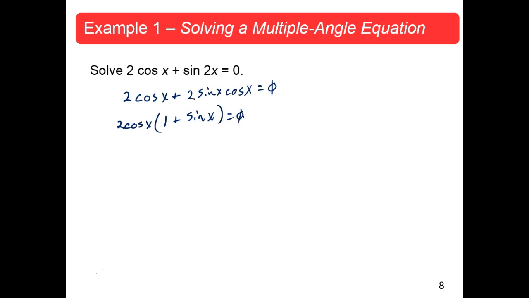Okay? So now, since we have the zero product principle, we can say, what's that? Yes, 2 cosine x is equal to 0, or 1 plus sine x is equal to 0. Okay? Now, that first one, what can we do to that?